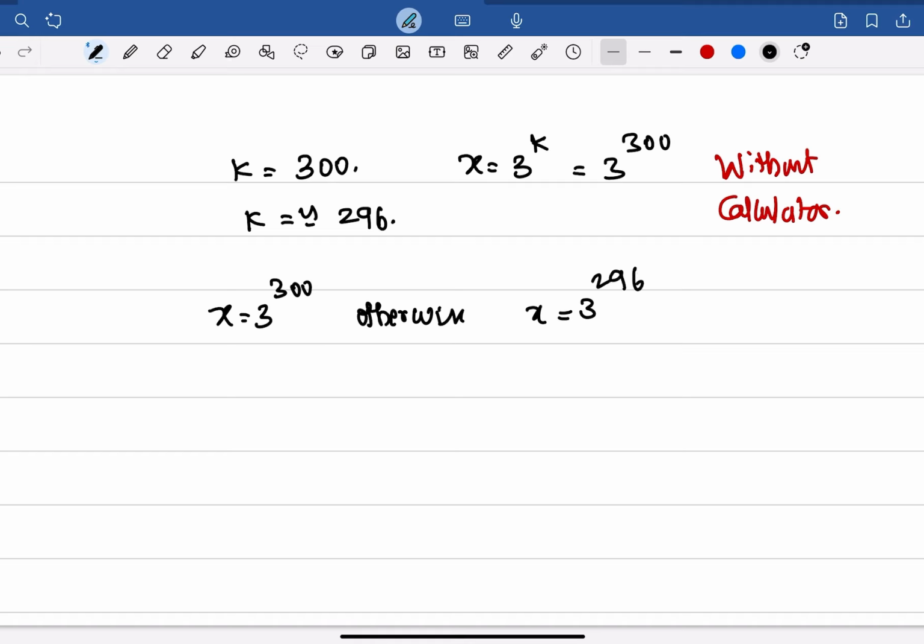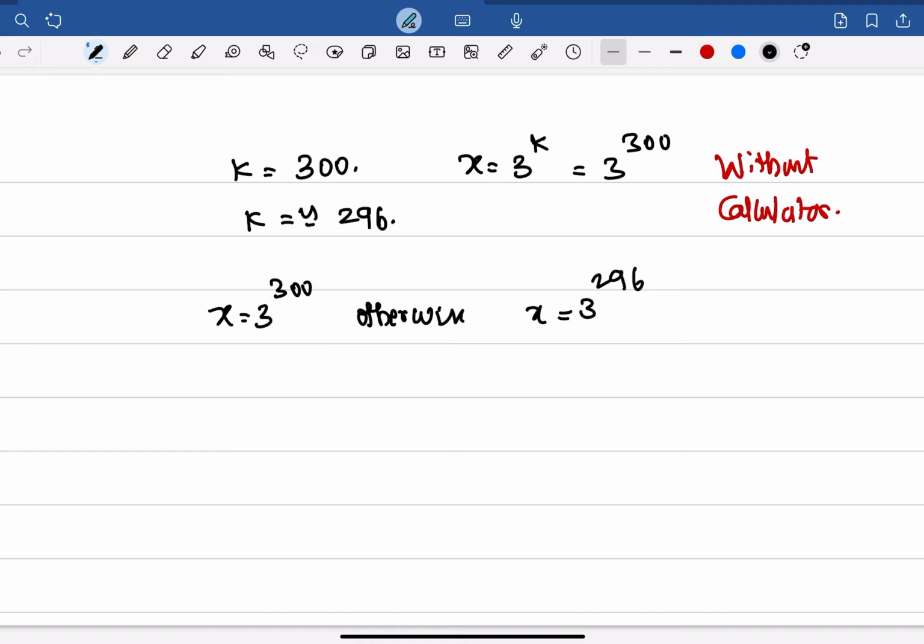But there is a theorem called Lambert's theorem, which I have explained in the previous classes. If you go for Lambert's theorem, you can get the exact value, but it is an advanced topic that I am not discussing here.